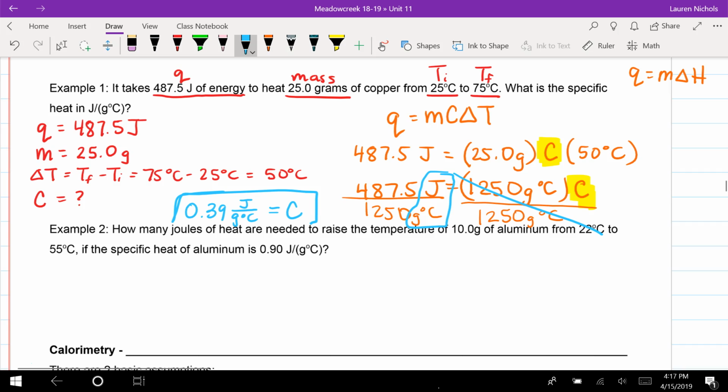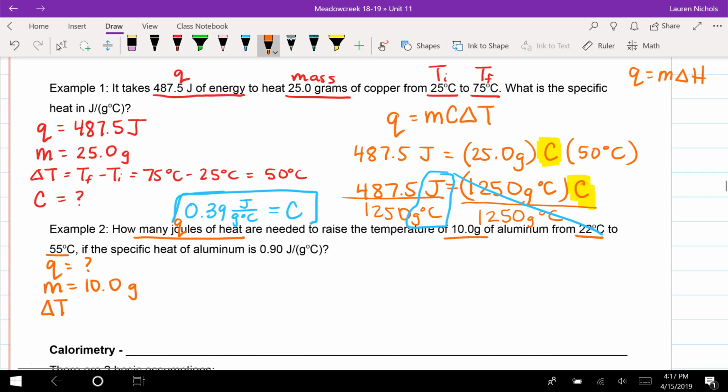Okay, now in question number 2, it says how many joules of heat are needed to raise the temperature. So they're asking again, how many joules? So they want to know Q. Q is our question mark. M is going to be 10 grams, needed to raise the temperature from 22 degrees Celsius to 55 degrees Celsius.